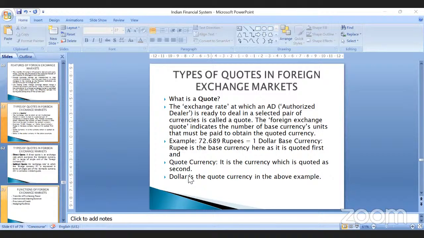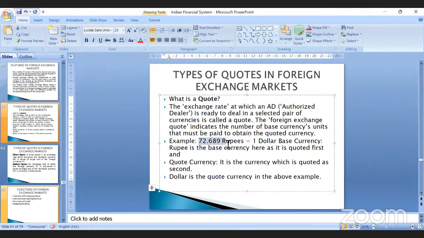The foreign exchange quote indicates the number of base currency units that must be paid in order to obtain the quoted currency. Whenever you want to exchange a currency, it is quoted based upon the number of base currency units. For example, 72 rupees 0.689 is $1.